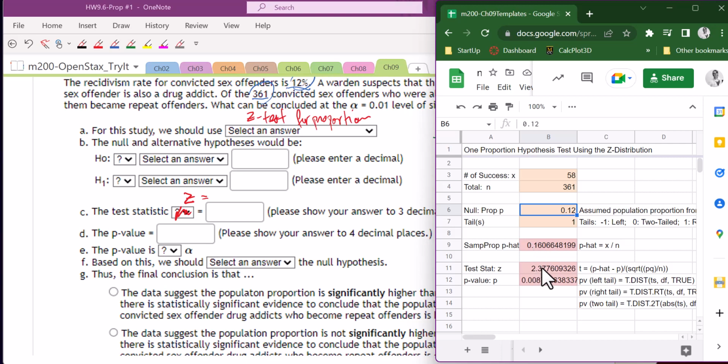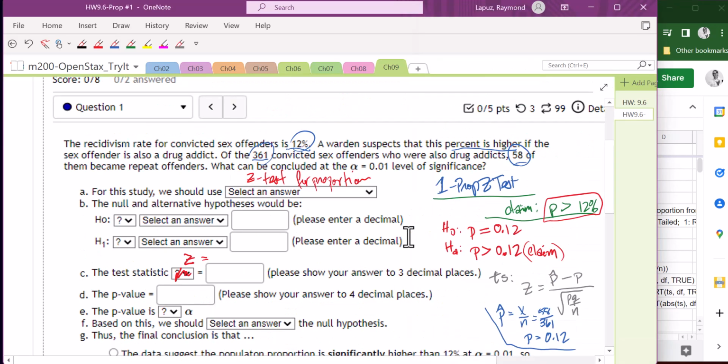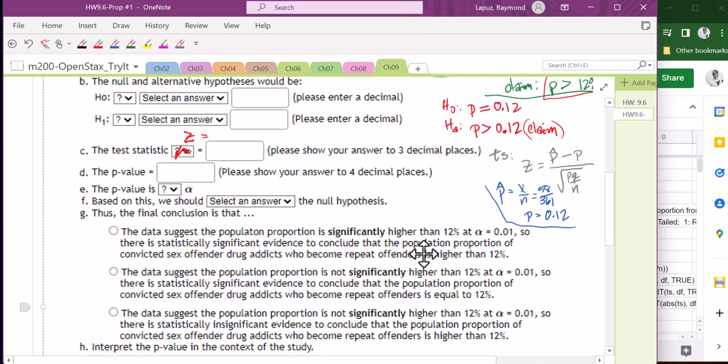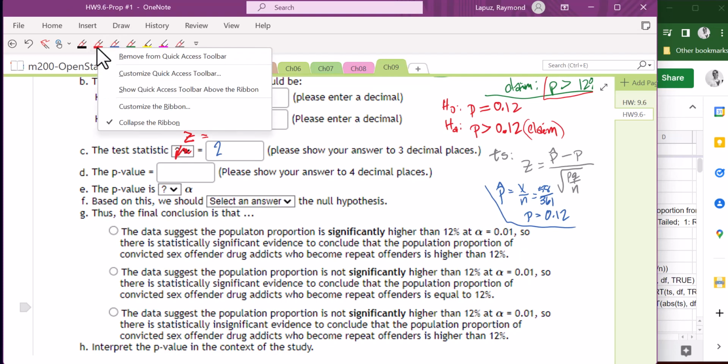All right, so we did get our test statistic here. The test statistic is going to be 2.3776, and rounded off to 3 decimal places, we'll probably say 2.378. So we'll go with 2.378. I want this in red.